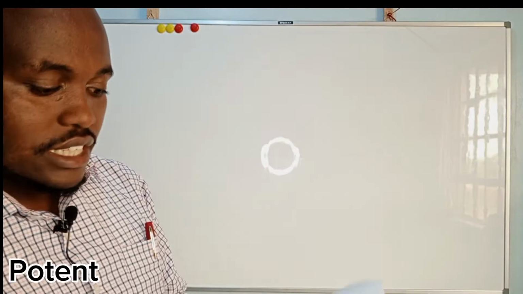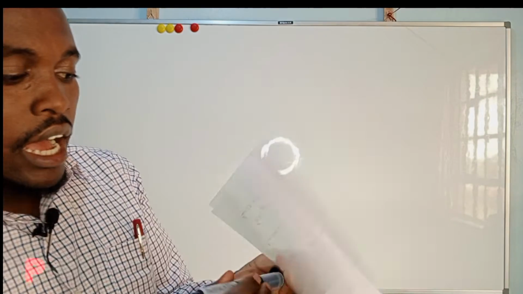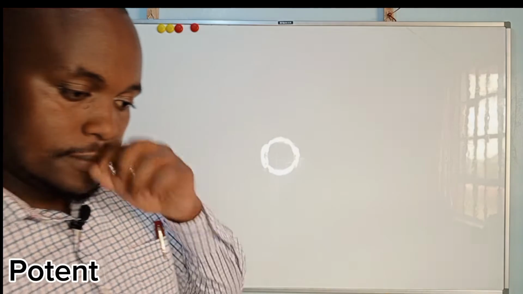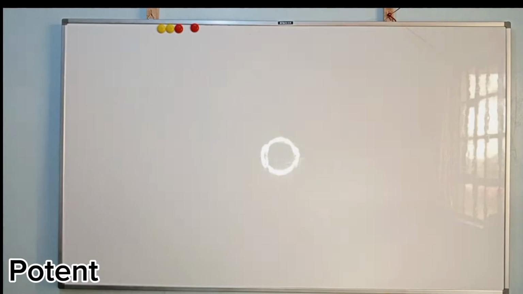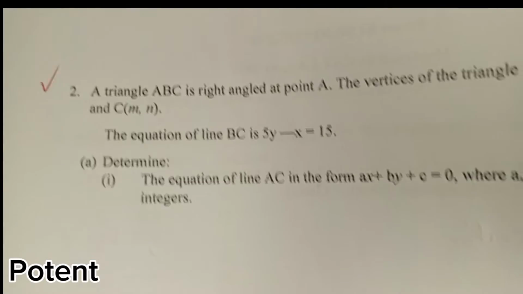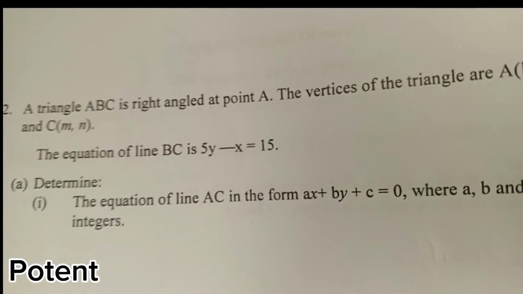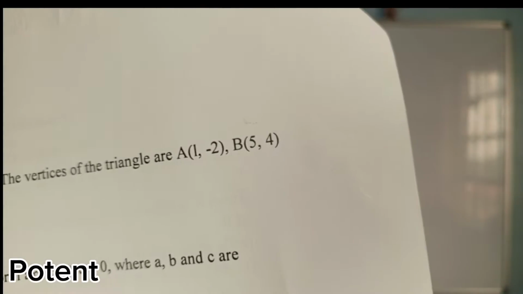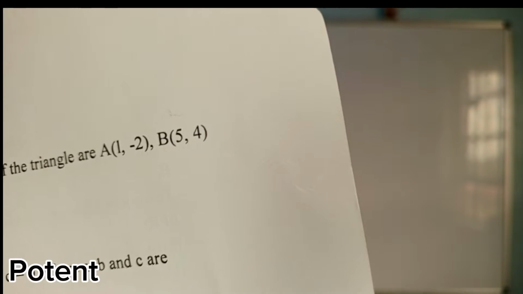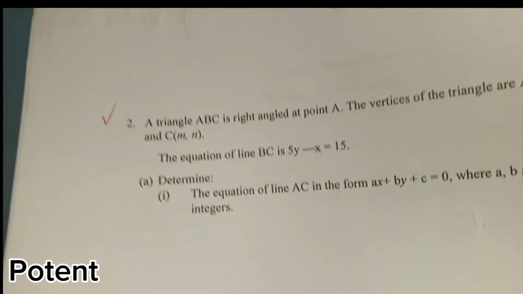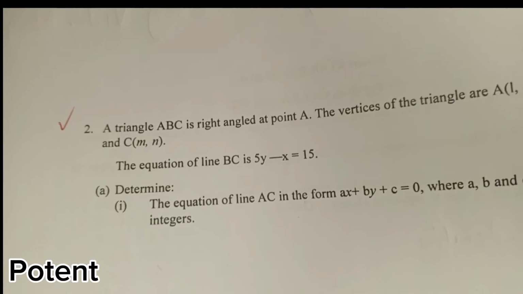The question asks, let me read it with you. A triangle ABC is right angled at point A. The vertices of the triangle are A (1, -2), B (5, 4), and C (m, n).